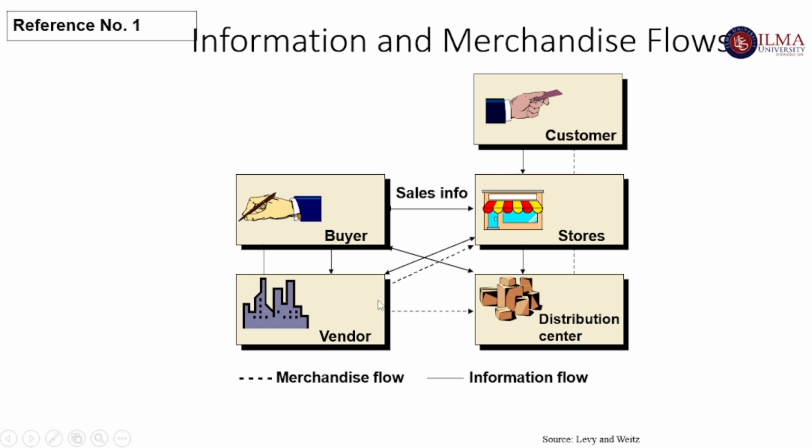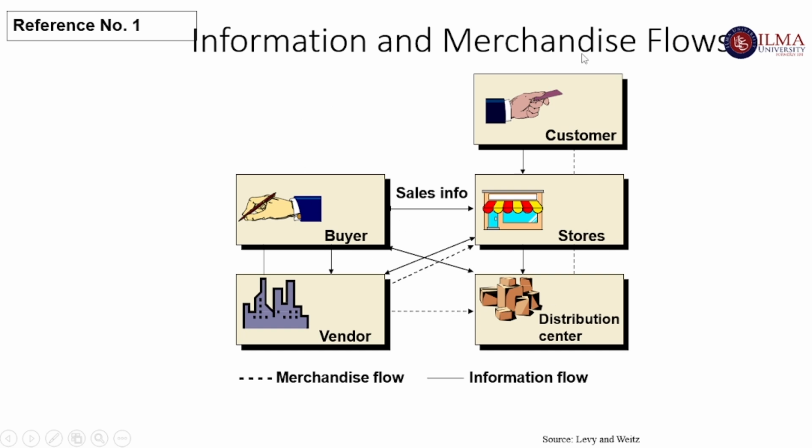The vendor mostly supplies to the distribution center. The customer goes to the store, and before the store the product comes from the distribution center, and before distribution the product comes from the buyer side.